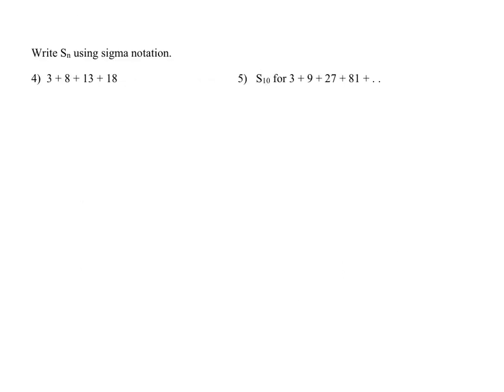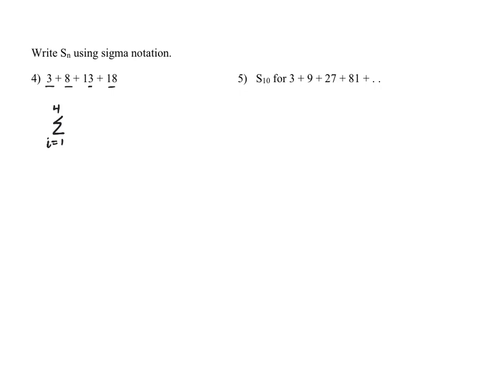Okay, the last 2 examples ask us to write these in sigma notation. So there's 4 terms here. So we'll start with our sigma. We'll say i equals 1 to 4. And then we look at the terms in this series, and we see that each term is varying by 5. So we know that it is an arithmetic series.